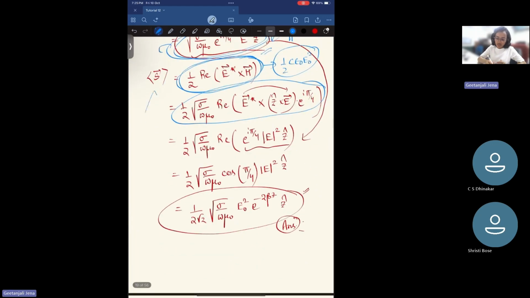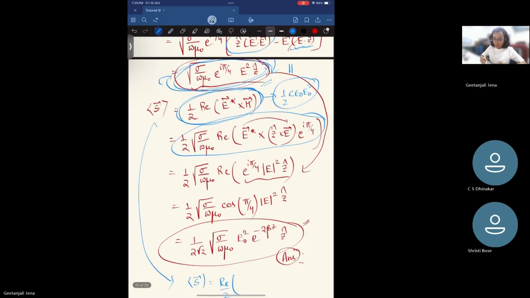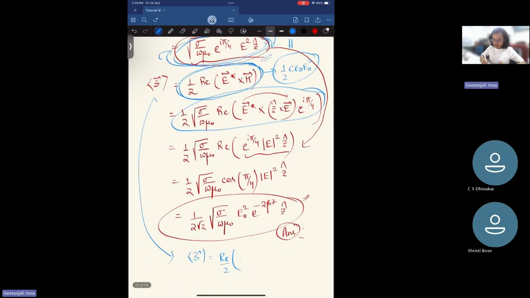What I mean is you can directly write S as the real part of half E cross H, which is root sigma by omega mu naught e to power i pi by 4 E squared z.